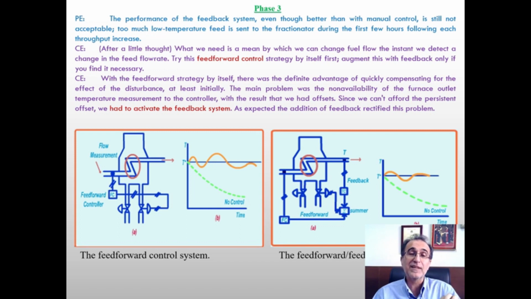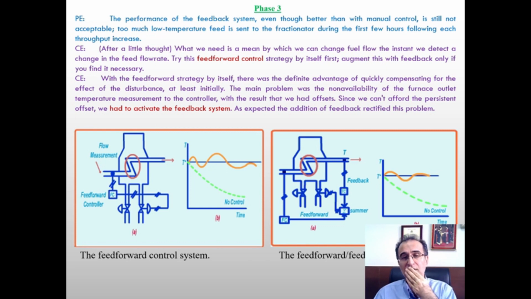And this will suppress the initial disturbance to some good degree, but cannot give good performance for the rest of the things, because it only acts for the one disturbance that you measure, not all the disturbances. So the next suggestion is to activate the feedback system as well.